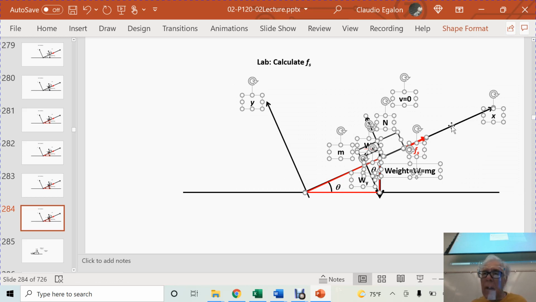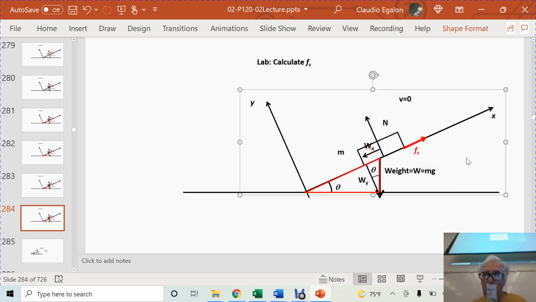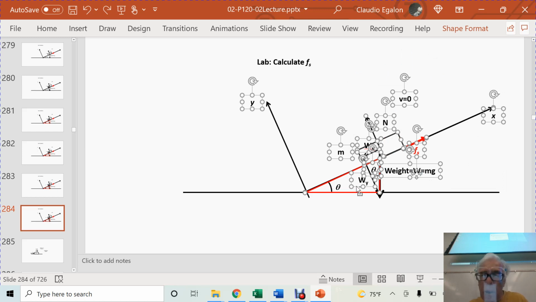I'm gonna group it. No, I don't like it. Undo it. I'm not going to group those. I don't want to affect those labels. But everything else I want it to be affected.